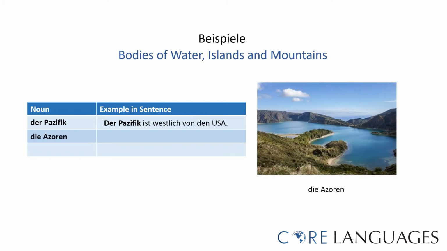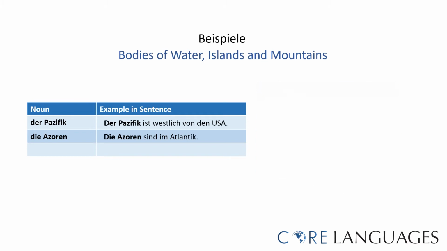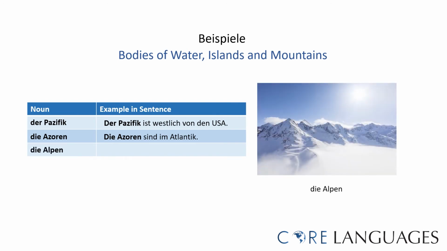Die Azoren, the Azores. Die Azoren sind im Atlantik. The Azores are in the Atlantic. Die Alpen, the Alps. Die Alpen liegen in Europa. The Alps are, or lie, in Europe.